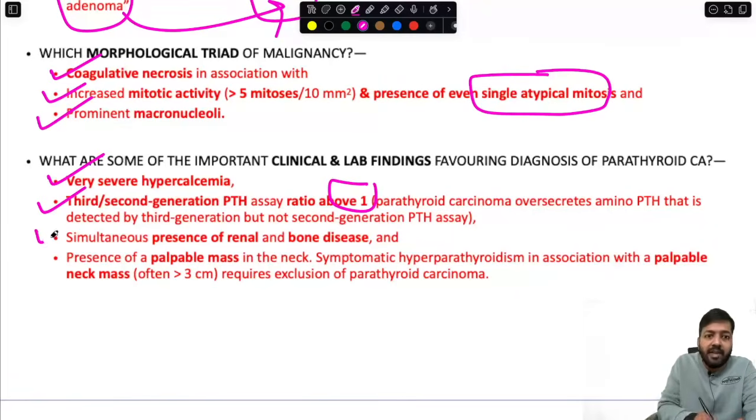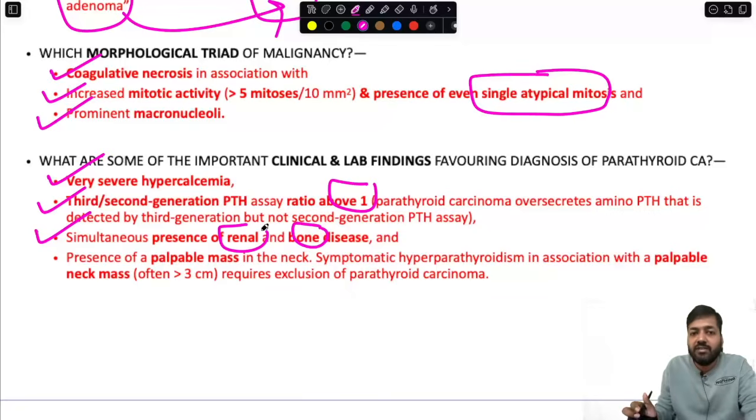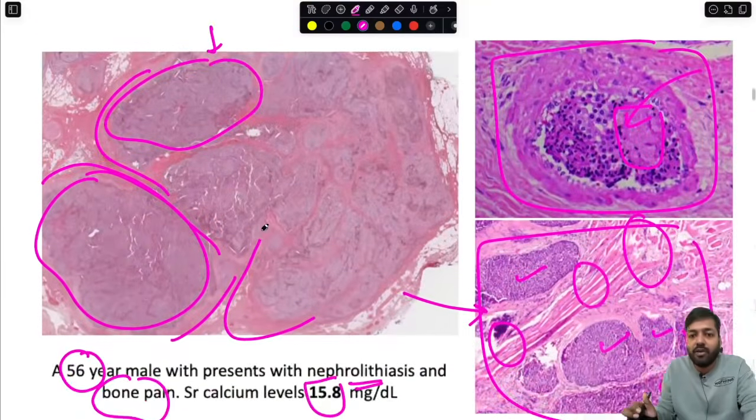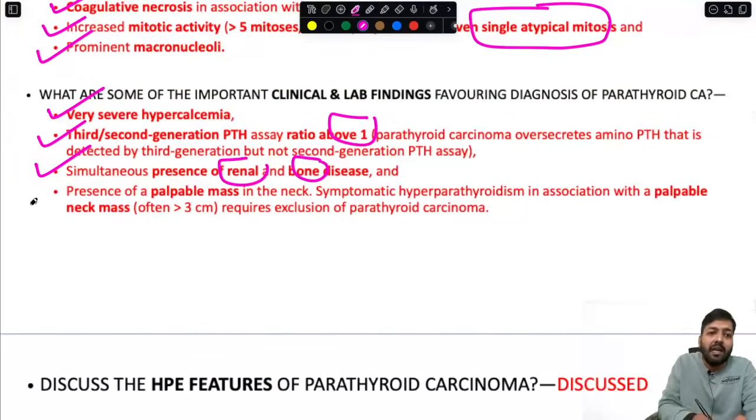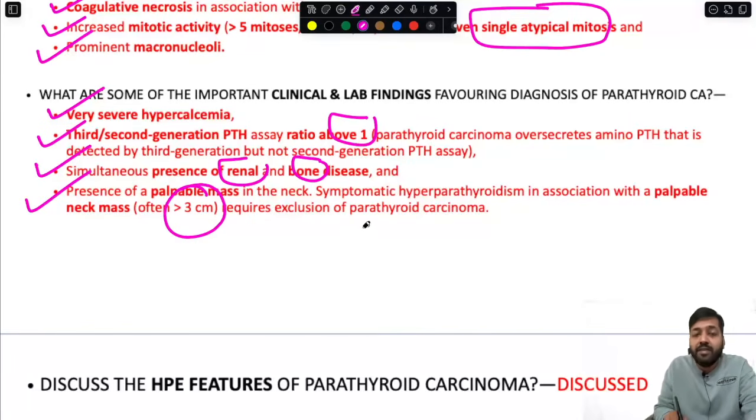Simultaneous presence of renal and bone disease, as we have already seen in the history, that the patient was presenting with nephrolithiasis along with the bone pain. So if both things are present simultaneously. Lastly, the presence of a palpable mass in the neck. Symptomatic hyperparathyroidism associated with a palpable neck mass, often more than 3 centimeters, requires exclusion of parathyroid carcinoma.